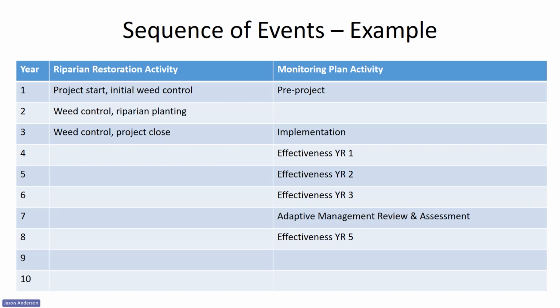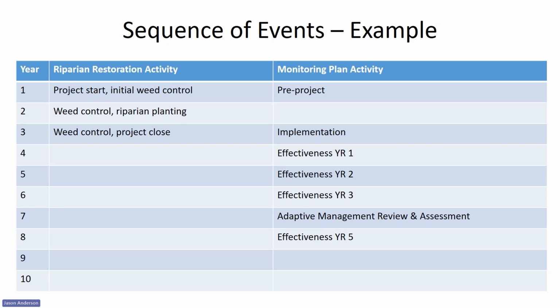So on the right-hand side, we can then line up our monitoring plan activities. Again, the pre-project monitoring is designed to document the pre-restoration conditions, and that would be best done after you start the project, but before you start your weed control. After the riparian planting is complete, implementation monitoring documents your as-built conditions.